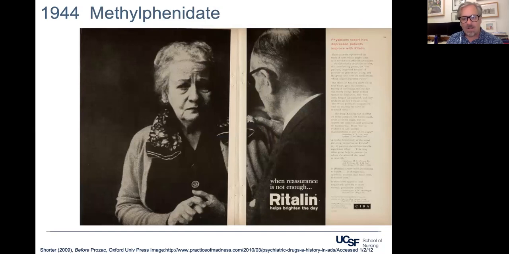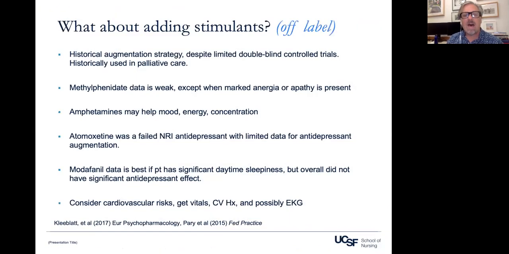Now, what's the data on this? Interestingly, there's not a lot. Despite this being a common historical augmentation strategy, there are not a lot of double-blinded controlled trials on this. It has a long history of being used in palliative care in depression when you didn't have weeks to wait for an SSRI to work, because the person was actively dying. Sometimes stimulants are used to give the person more energy and improve their mood. But really the data on this is pretty thin.